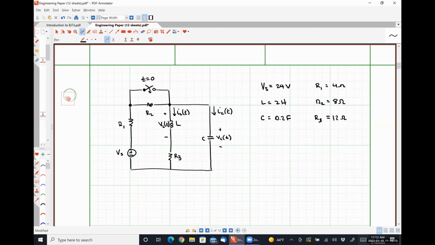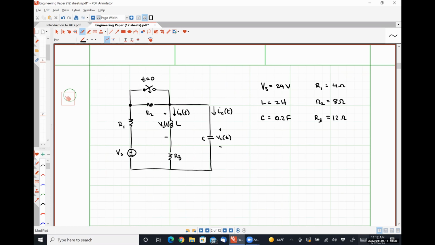So we can approach this in several different ways, all right? During the transient condition, our resistor R2 is shorted out, right?